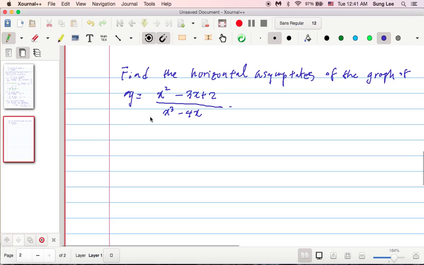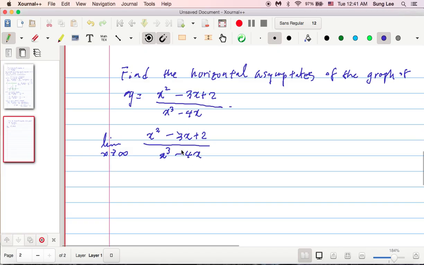In this case, we want to calculate the limit as x goes to infinity of x squared minus 3x plus 2 all over x cubed minus 4x.